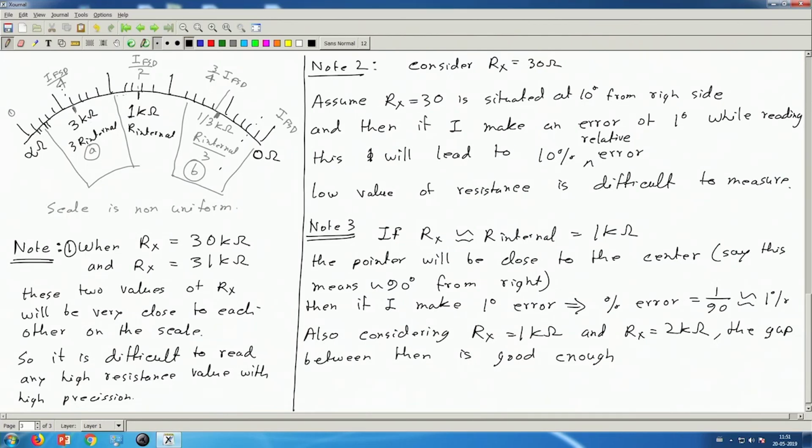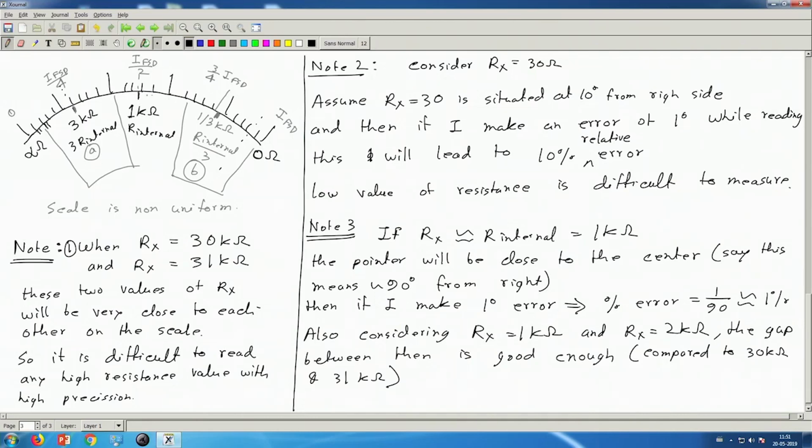So we will have a sufficient gap between 1 and 2 compared to, say, 30 and 31 kilo ohm, which are very close to each other. So it's difficult to distinguish 30 and 31 kilo ohm, but it's easy to distinguish 1 and 2 kilo ohm.